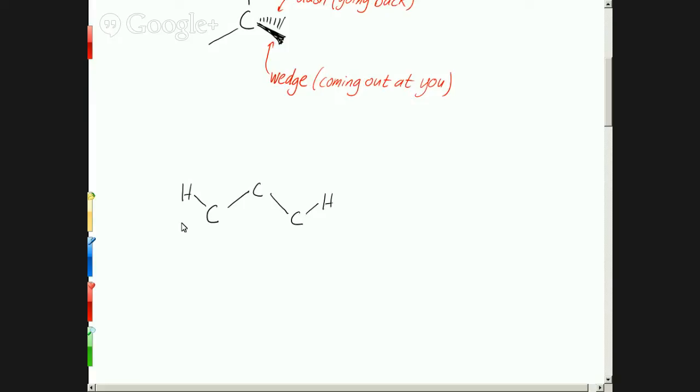And does it matter which one we put on the dash or which one we put on the wedge? In this case, it doesn't, because they're just the same. If we had a bromine on one and a hydrogen on the other or something, that will start to be different, and we'll get to that. But for now, it doesn't matter. So on each of these carbons, we're going to draw a wedge and a dash to represent where those hydrogens are.